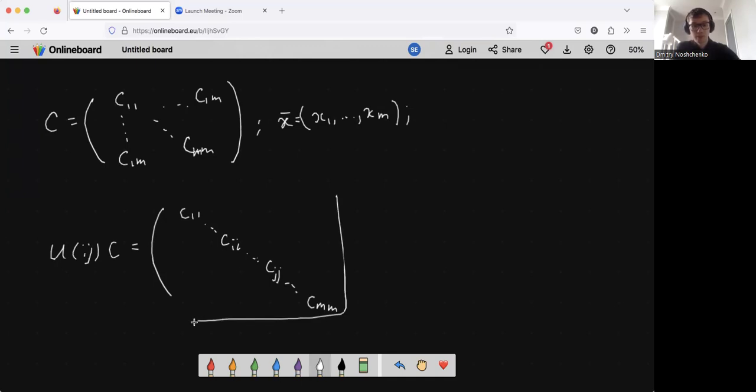So this was the matrix of the previous size, and the extra node that we add would have CII plus CJJ plus 2CIJ minus 1.